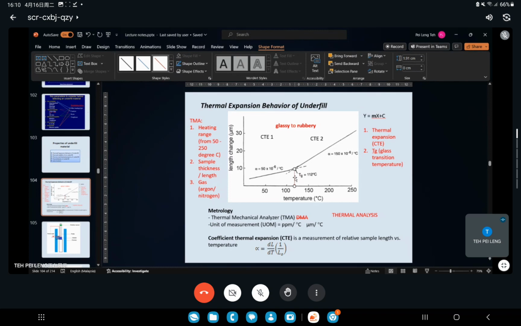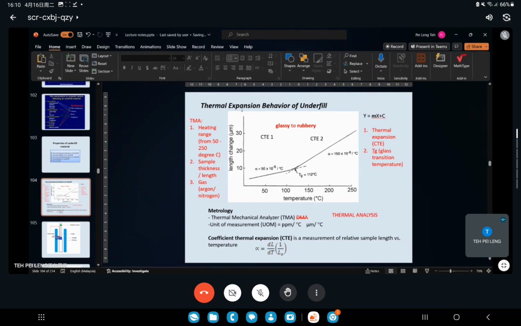How to measure your thermal expansion? You see there's a change of length. What do you think? This is the glassy stage, right? Before Tg is what? Glassy, right? After Tg is what? Rubbery, right?